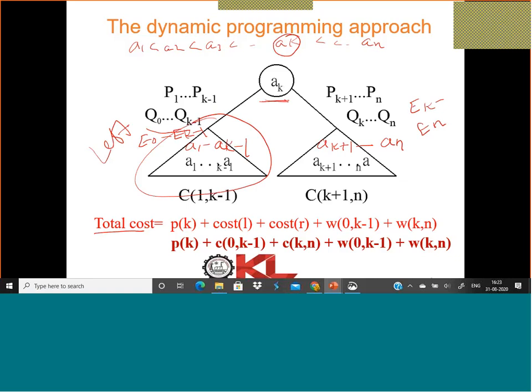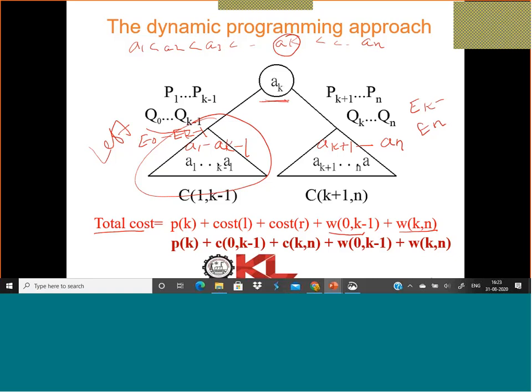So the total cost of the tree is the probability of accessing the A of K element, that is P of K, plus the cost of the left subtree, plus the cost of the right subtree, plus how many times you are accessing the left subtree, and how many times you are accessing the right subtree.